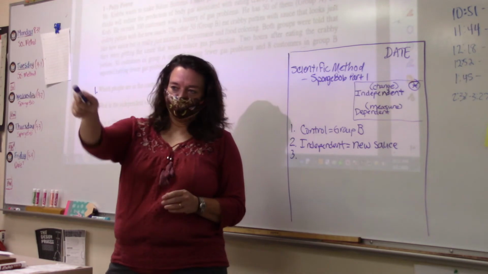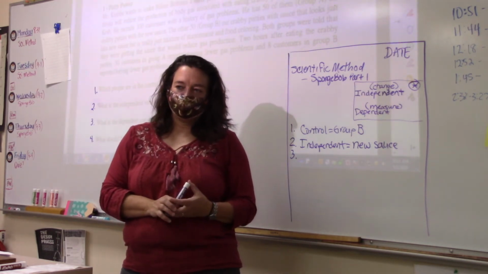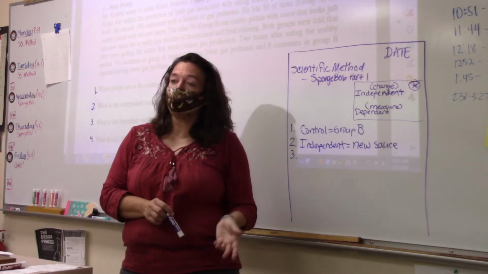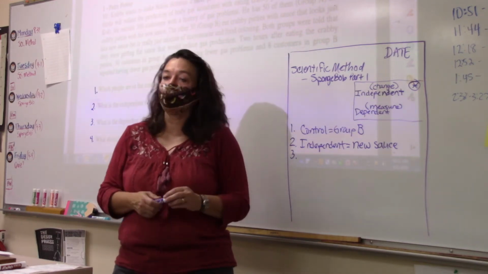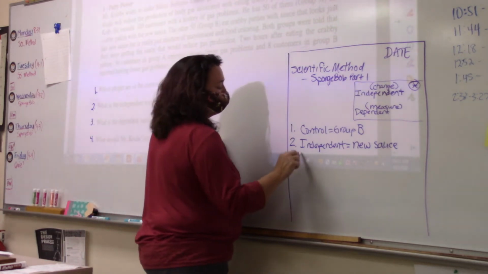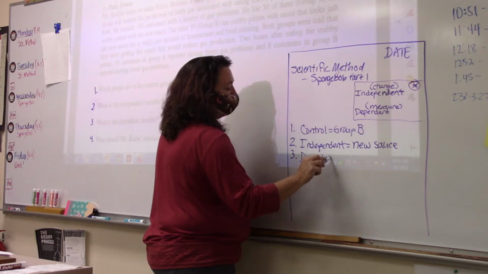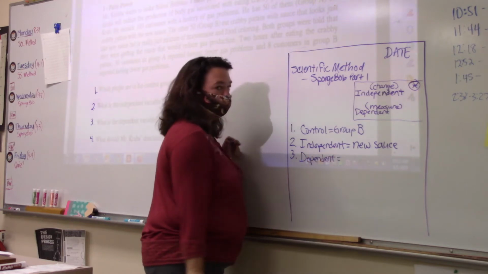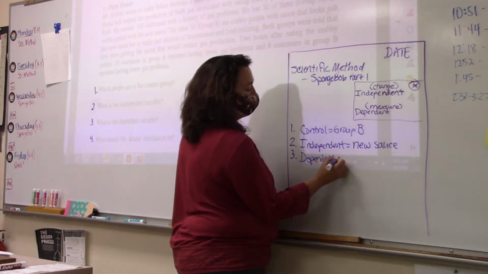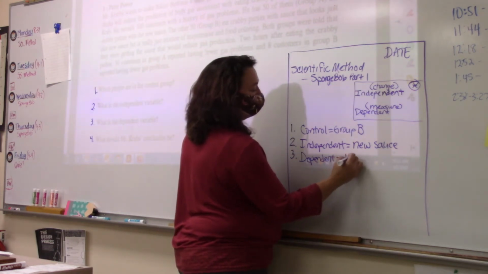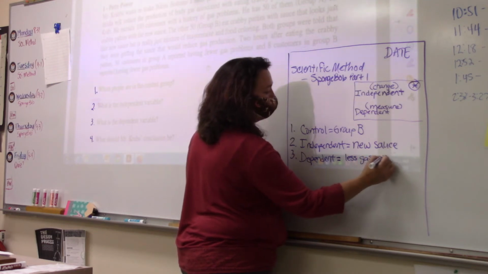That the new sauce reduces gas problems. Yeah, so there's a reduction in gas problems or less gas problems, however you want to say that. So the dependent thing we're measuring is kind of ambiguous in this case, but it's still reporting it. So less gas or reduction in gas production.